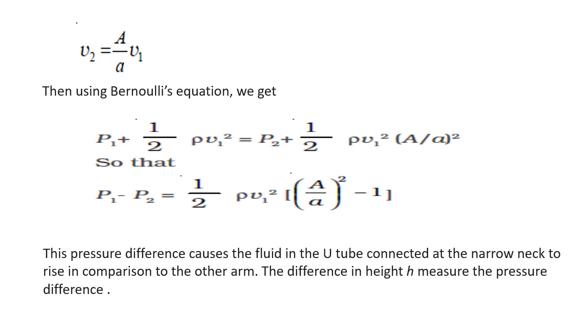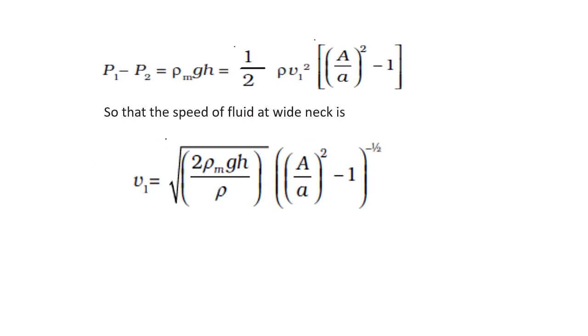This pressure difference causes the fluid in the U-tube connected at the narrow neck to rise in comparison to the other arm. The difference in height h measures the pressure difference. So P1 minus P2 equals rho m g h equals half rho V1 square into (capital A by small a) square minus 1.